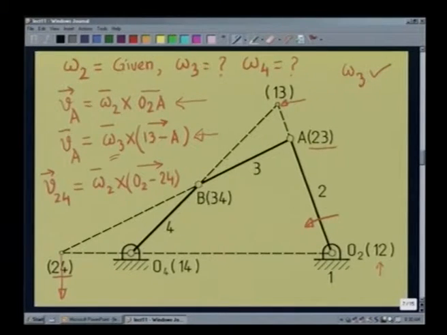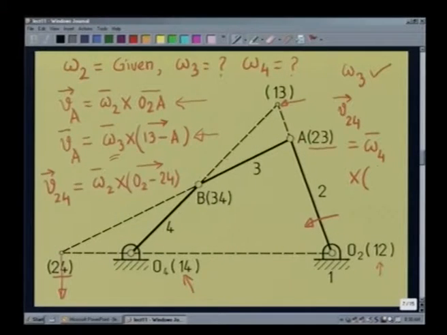For counterclockwise velocity of link 2, it will be in this direction perpendicular to this line, and the magnitude I can find out. Now, let me consider the same point 2 4 as a point on body 4, and I must get the same velocity. So, same equation I can write now, V 2 4, considering it to be a point on link 4 is omega 4, and link 4 is rotating about 1 4, that is O 4, and so velocity will be omega 4 cross the vector O 4 to the point 2 4.